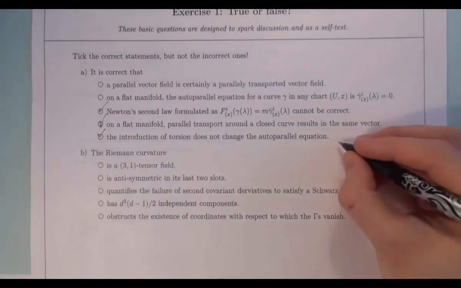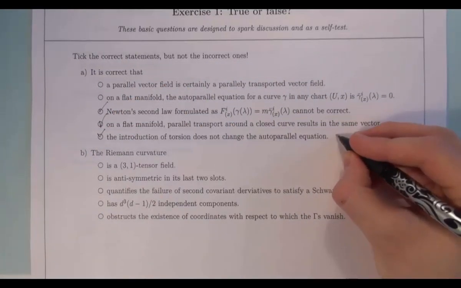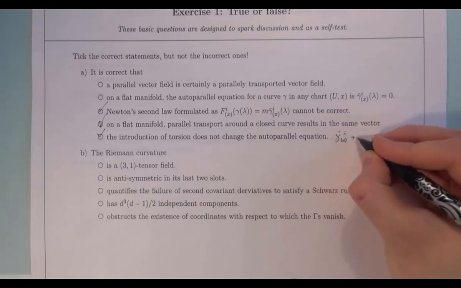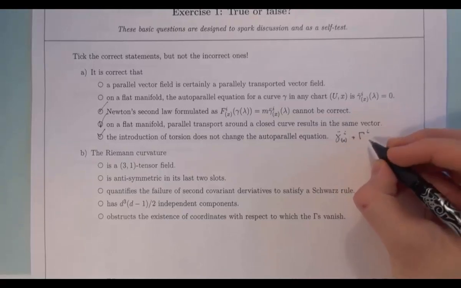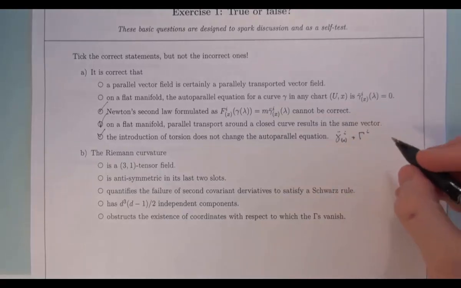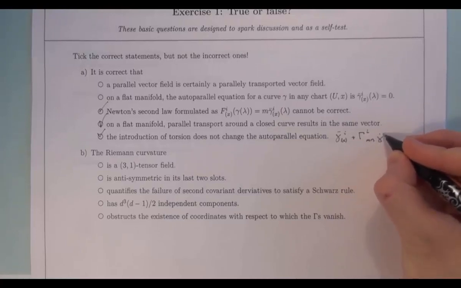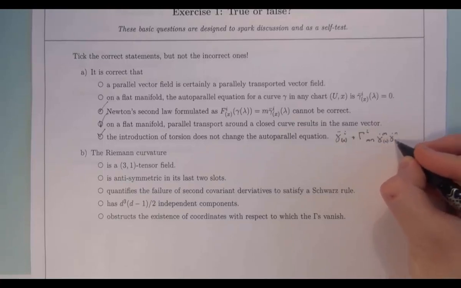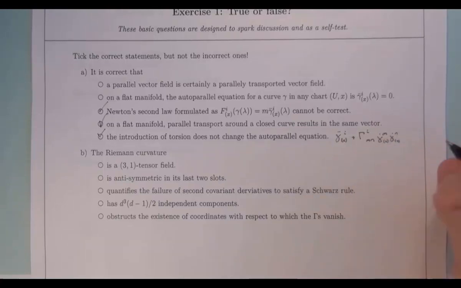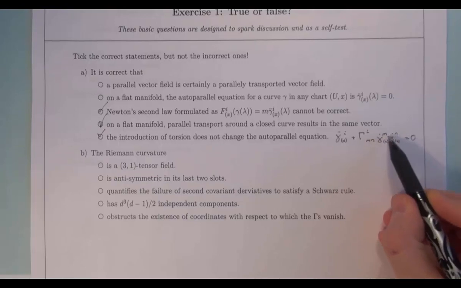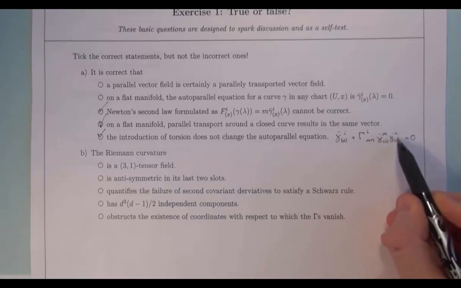So, look at the autoparallel equation in the chart. We have that this is gamma double dot i plus Gamma^i_mn gamma dot m gamma dot n, of course everything with respect to the x chart, is 0. This expression now is symmetric under the exchange of m and n.